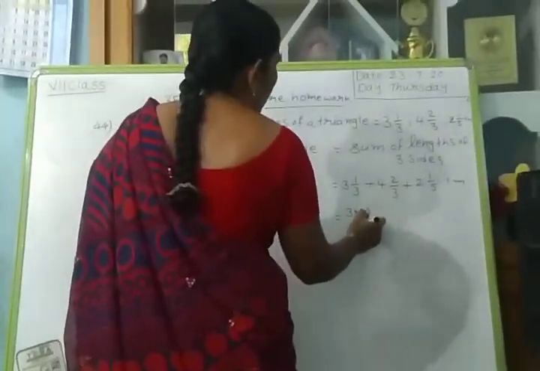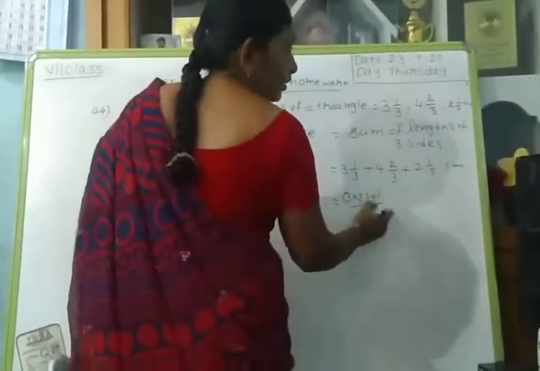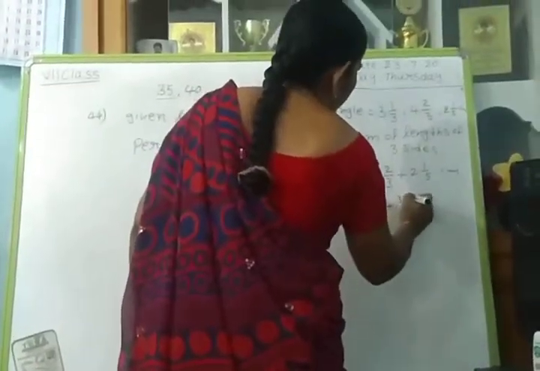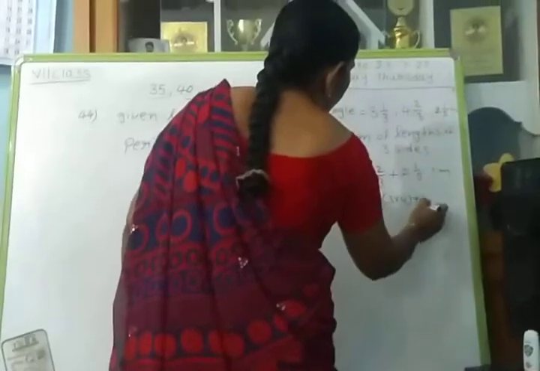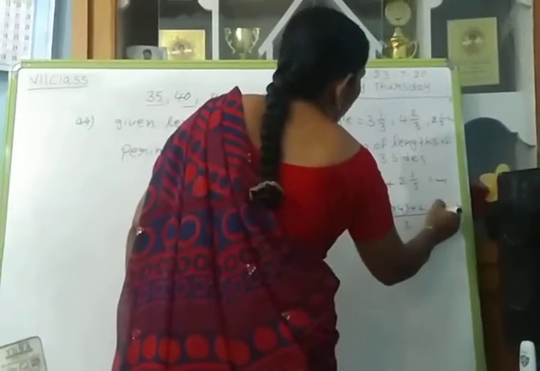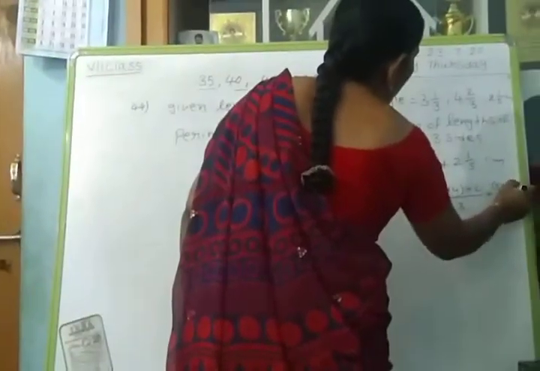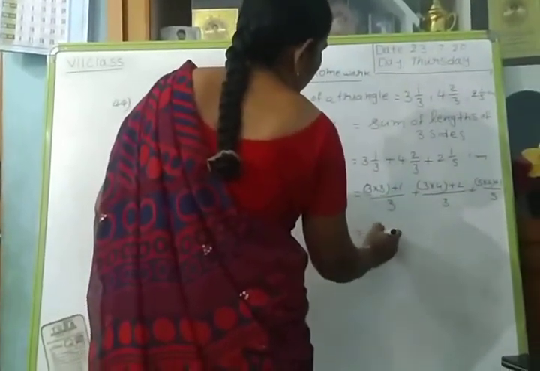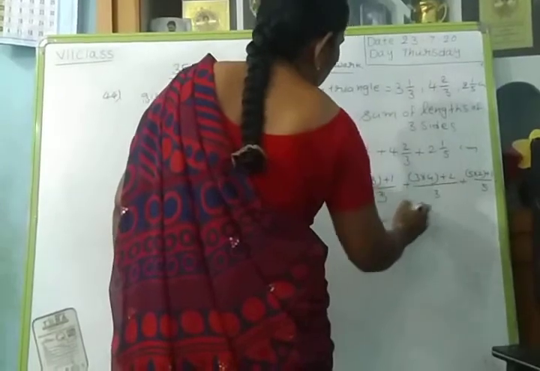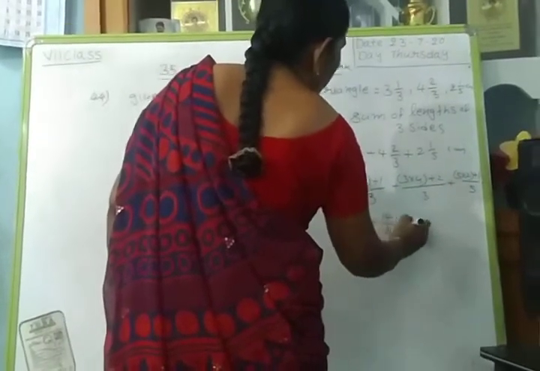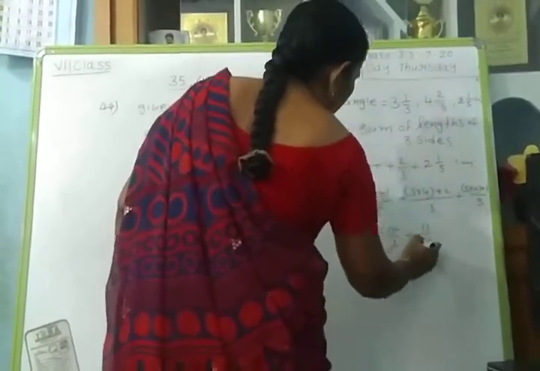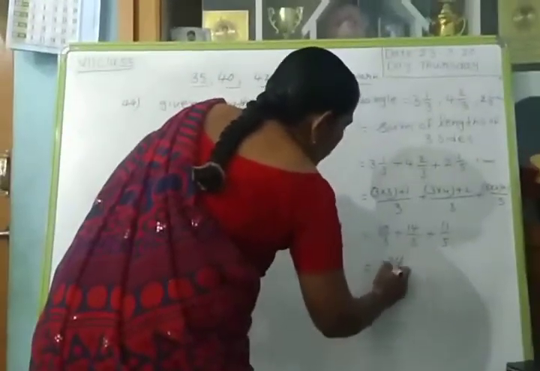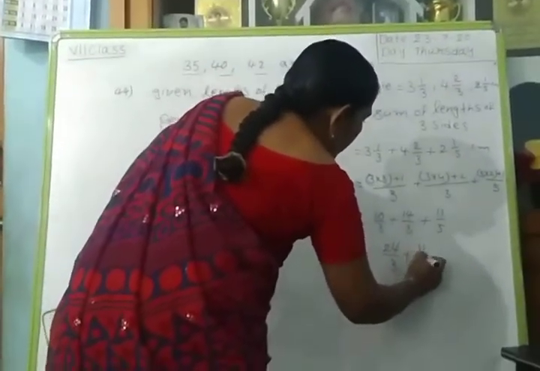Convert all mixed fractions into improper fractions. 3 3s are 9, 10/3, plus 14/3, plus 11/5. The first two are like fractions: 10 plus 14, 24/3 plus 11/5.